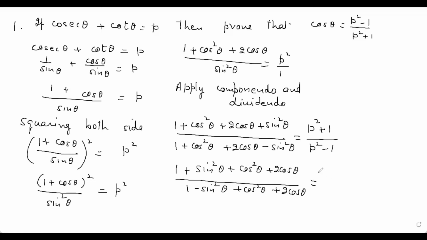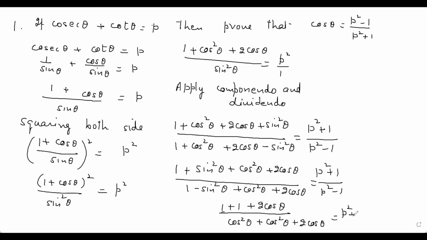And this side as it is, p square plus 1, p square minus 1. Now sin square theta plus cos square theta is 1, so 1 plus 1 plus 2 cos theta. And 1 minus sin square theta is cos square theta, plus cos square theta plus 2 cos theta, is equal to p square plus 1 upon p square minus 1.